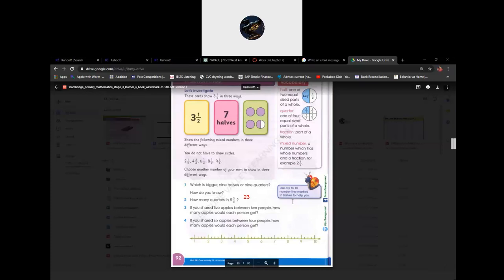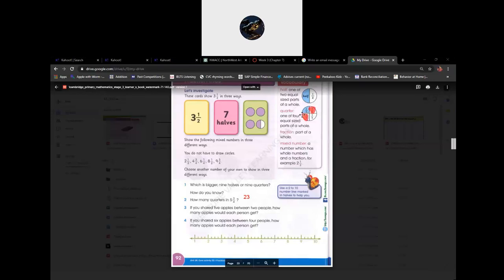I added 20 with 3 because 20 came from 4 times 5, and 3 came from 3/4, and 3 is like 3 of a quarter. So 3/4 is 3 shaded things of this.